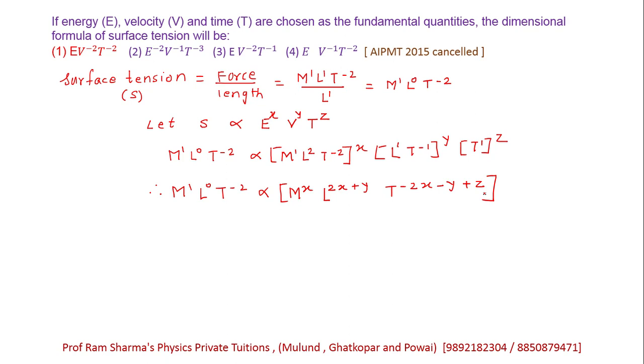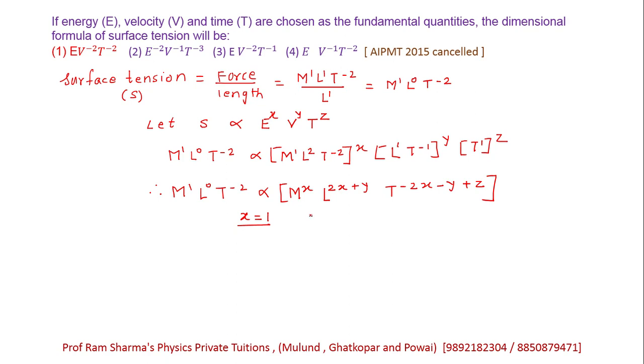Now the next step is just equating the powers. If we equate the powers, the power of M on the left hand side is 1 and the power of M on the right hand side is x. So I can straight away write x is equal to 1. Similarly, the power of L on the left is 0 and the power of L on the right is 2x plus y.